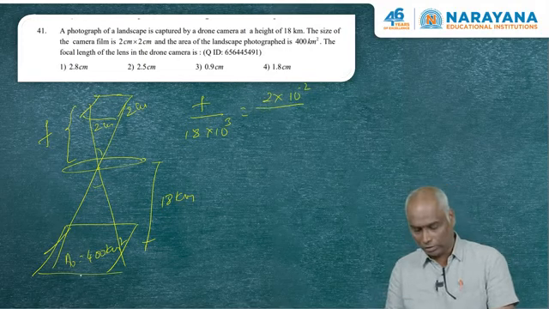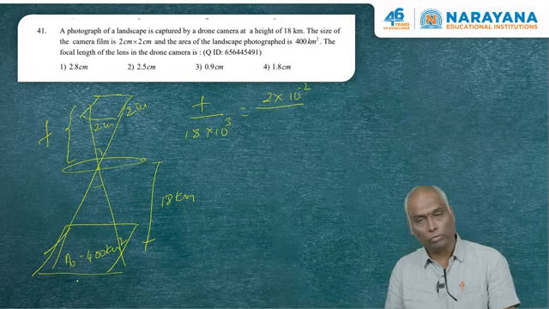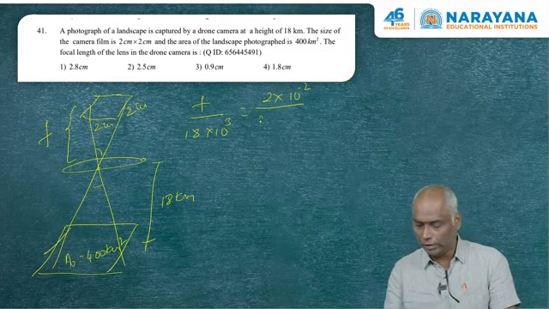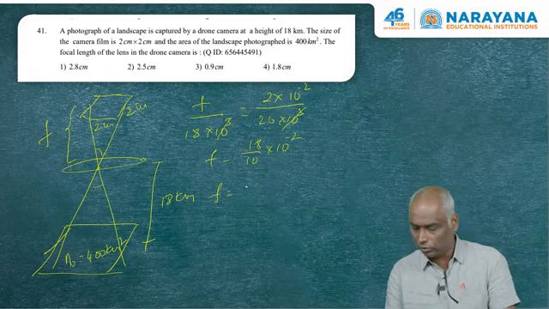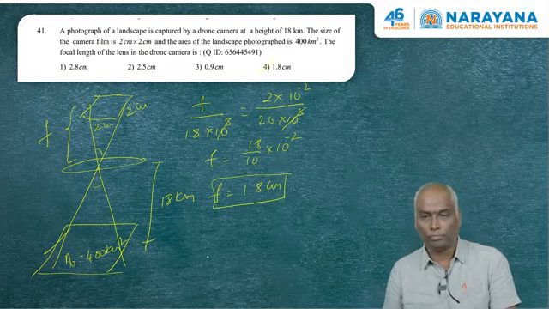Assuming it as a square, the length of each side is 20 kilometers, so 20 into 10 to the power of 3. So the value of F equals 18 divided by 10 into 10 to the power of minus 2. So the focal length is 1.8 centimeter. Option 4.